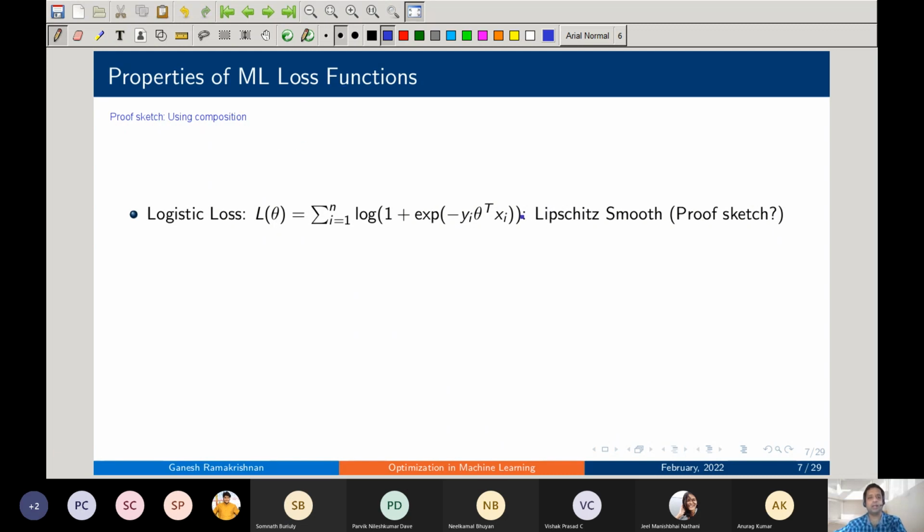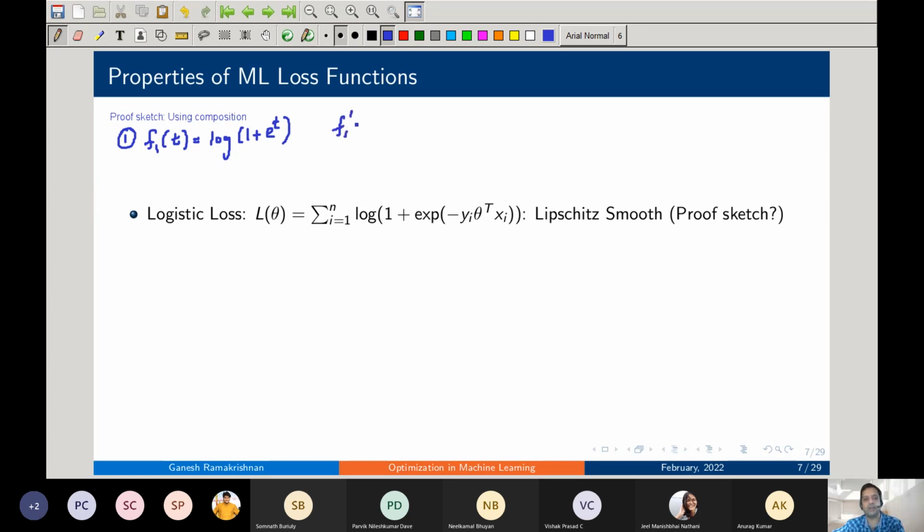So Lipschitz smoothness based on composition. For part one, what would I do? I take this f1, let's say f1(t) = log(1 + e^t). That entire exponent is t.